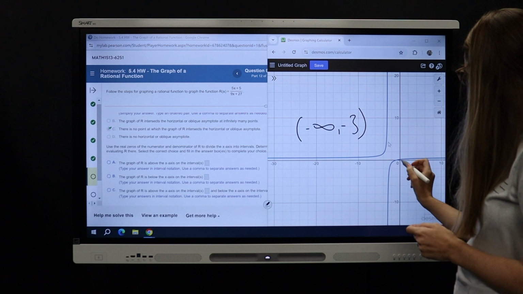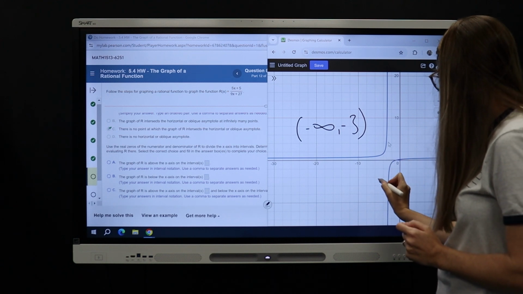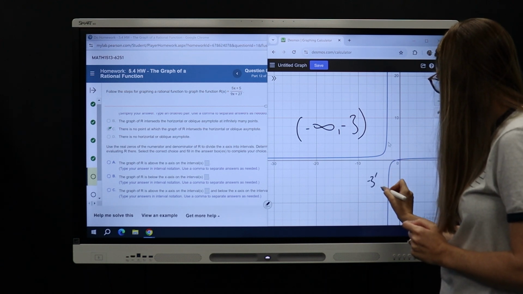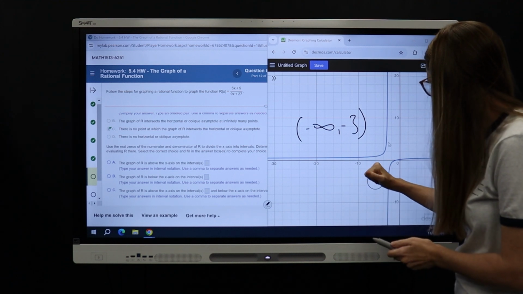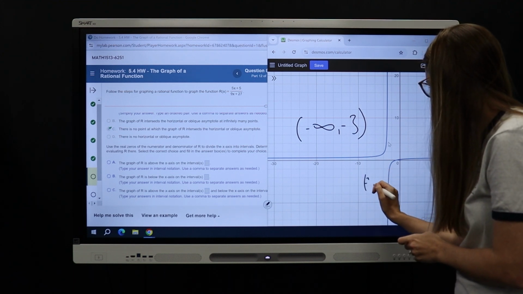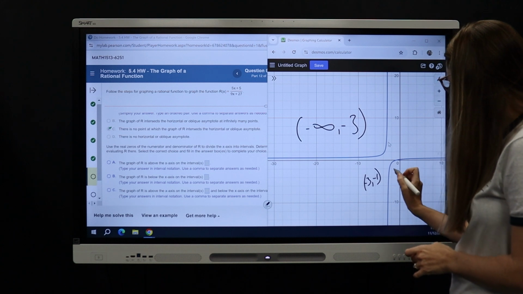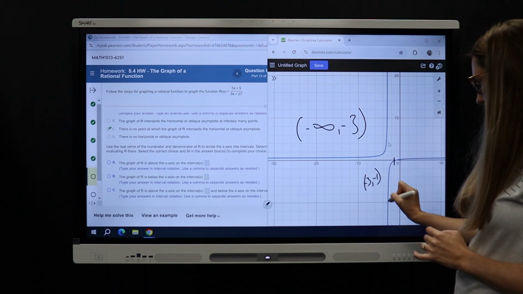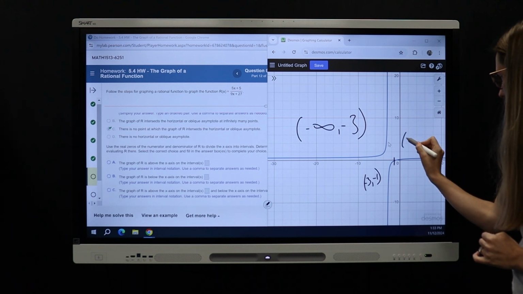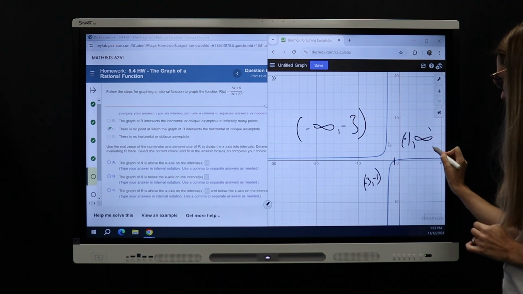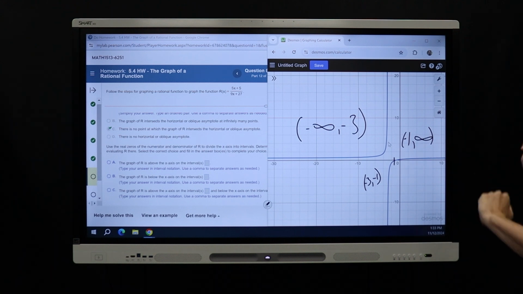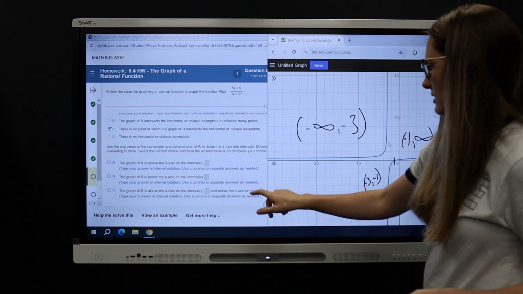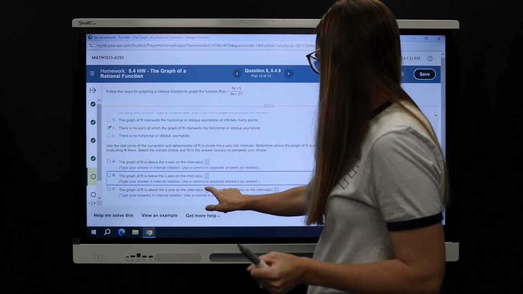So this is going to be -3 to -1. And that -3 to -1, that little bit right here, that's below. And then from -1 to positive infinity, it's back to being above. Can you all see that? Is that okay? So all of that is going to go here.